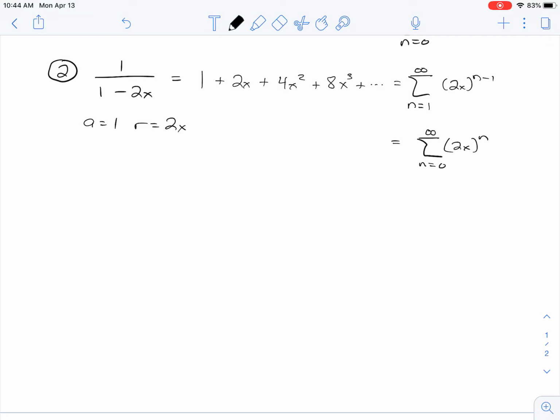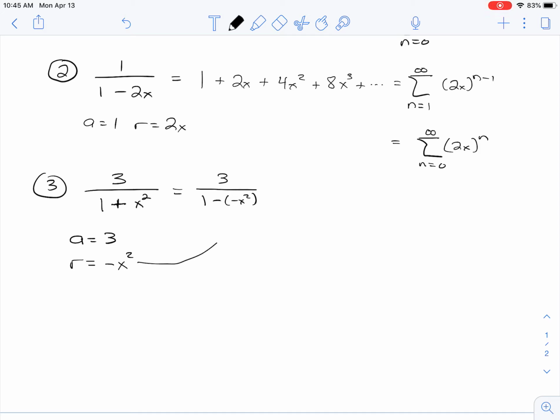All right, let's look at another. What if we don't have a minus there? What if we have a plus? If you have 3 over 1 plus x squared. All right, in this case, our first term is 3, and our ratio is negative x squared, because we could take this and rewrite it as 3 over 1 minus negative x squared, and now this is our common ratio here.